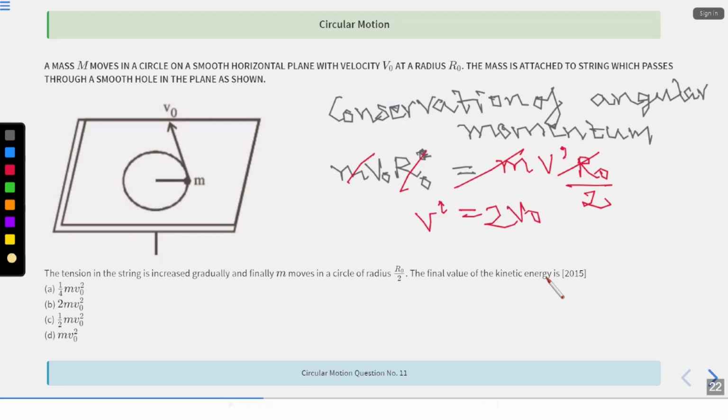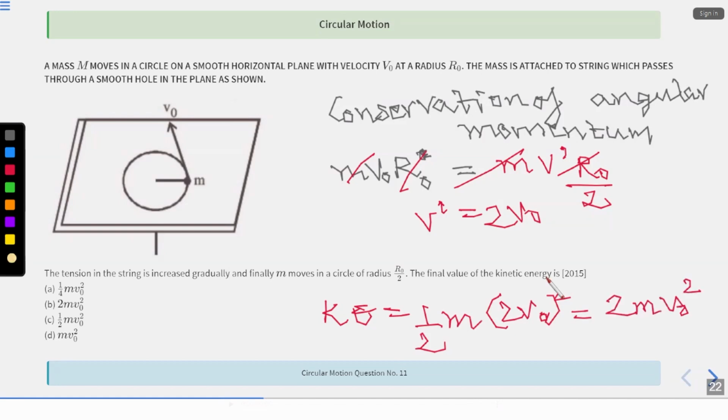So therefore, final kinetic energy will be half m 2 v naught whole square. So that will be 4, and then it'll get cancelled. So you'll get it as 2m v naught square. So that is our option B.